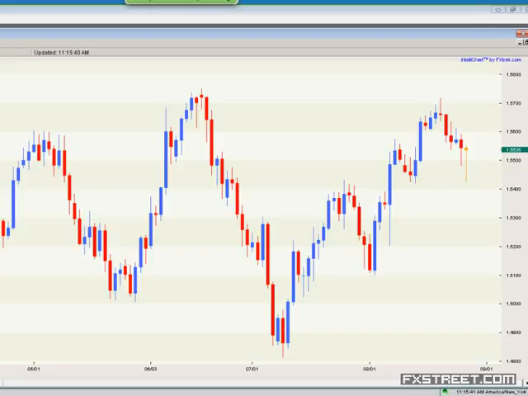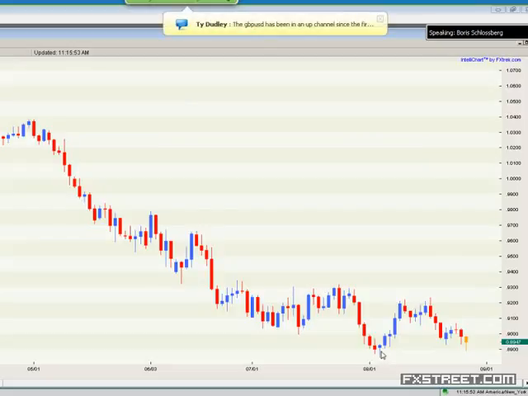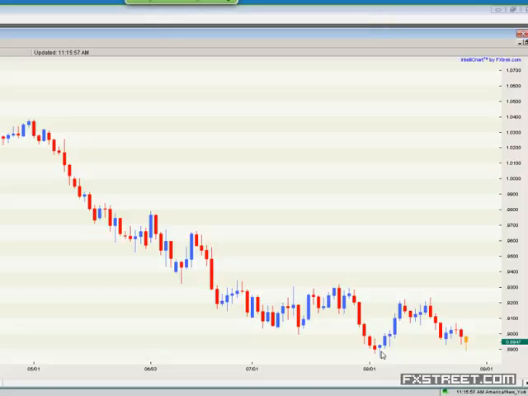And last, I kind of want to look at the Aussie, which has just been horrid, right? Aussie has just been a failure at every level. And what's interesting here is that, remember this 88.50 level. The Aussie basically tested a very, very long-term double bottom support at 88.50.